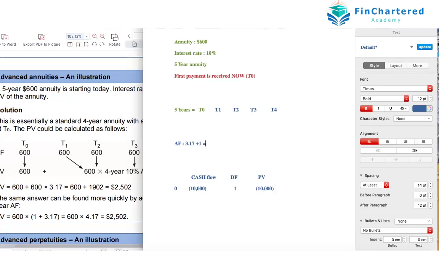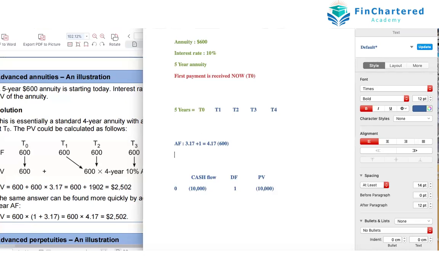So in that case, here the annuity factor becomes 3.17 plus 1, which is 4.17. Once you've got the annuity factor of 4.17, you will simply multiply it with the cash flow of 600. Because you remember I told you yesterday, how will you get the present value? Future value into annuity factor, future value into discount factor.